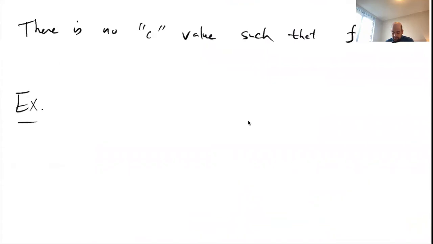Let's say, for example, consider f of x equals x squared on the interval, let's say, 1 to 4.